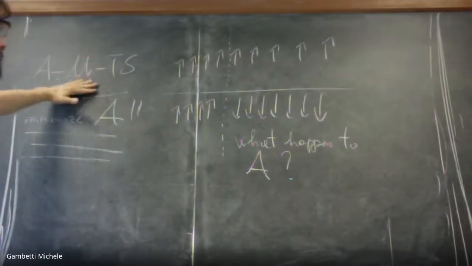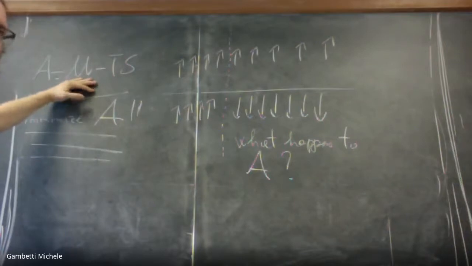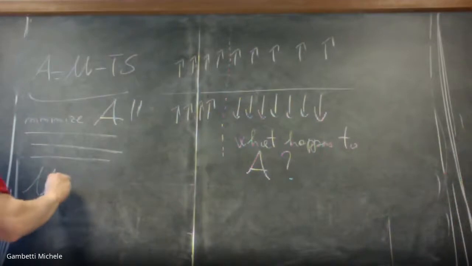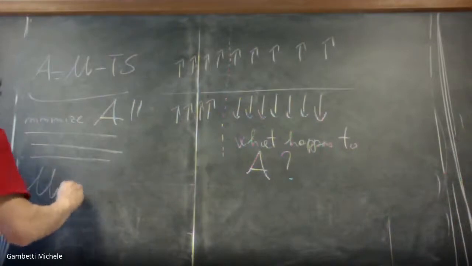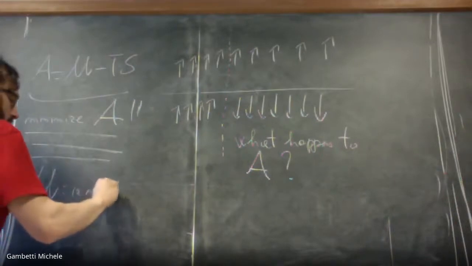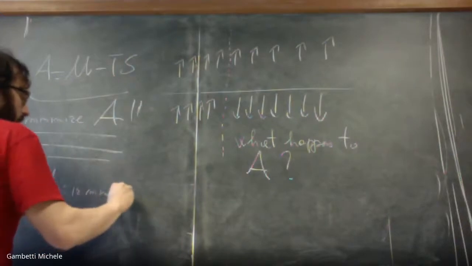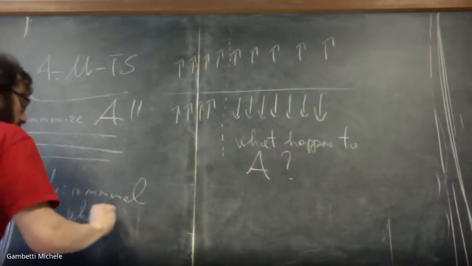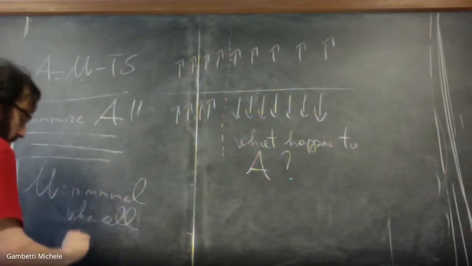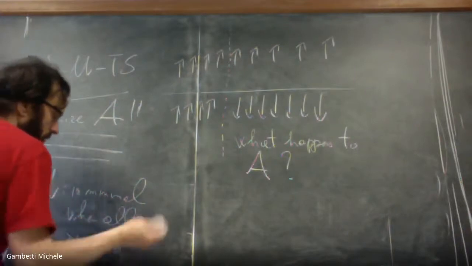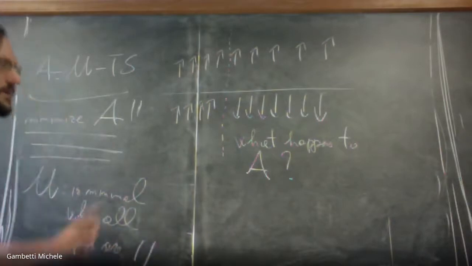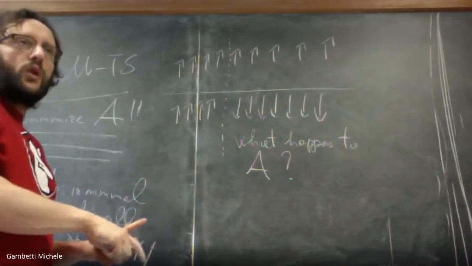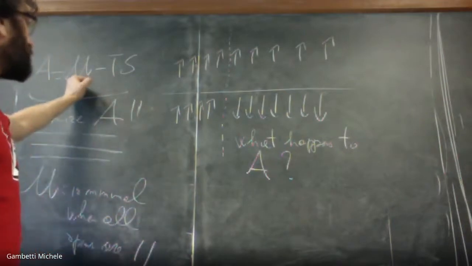One has to have the smallest possible value of the internal energy, and U is minimal when all spins are parallel, because in this case you get all this minus epsilon contribution, and therefore this would correspond to minimization of U.